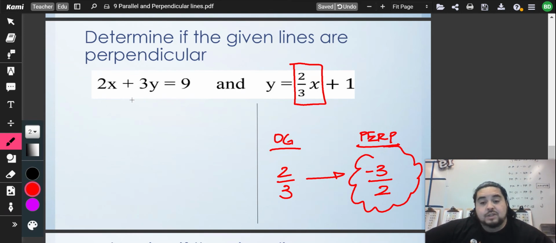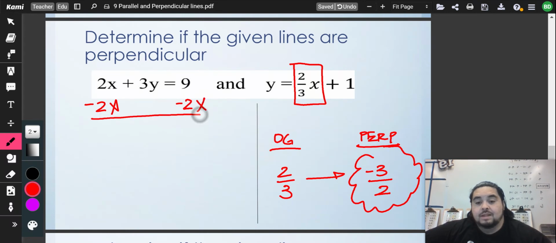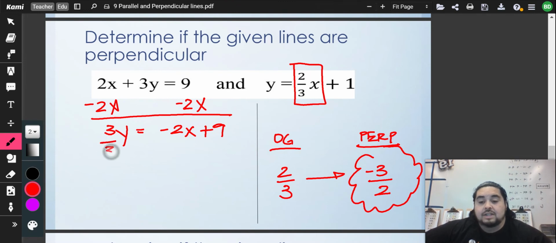Now I do the same steps over here. I'm going to move x to the other side by subtracting. 3y comes down. On the right-hand side, I have negative 2x plus 9. I'm going to divide every single term by 3.